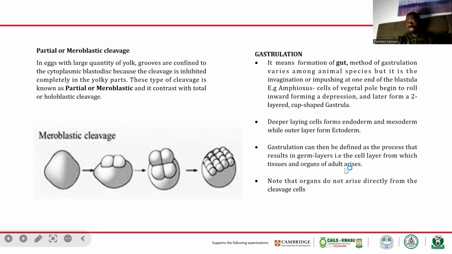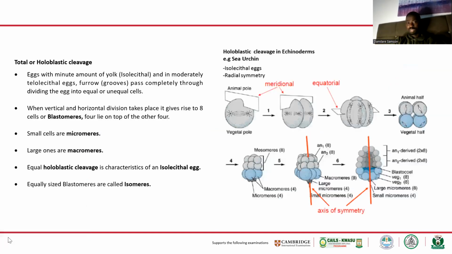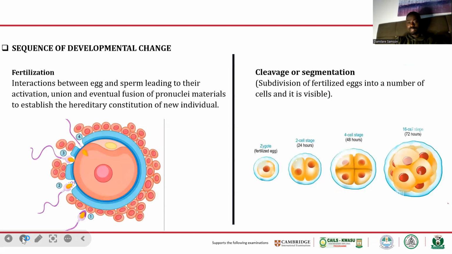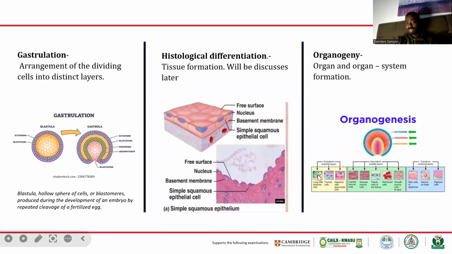If you remember the diagram I showed you from the beginning, let me quickly go back to the beginning so that you will appreciate this better. Now, if you remember this, I said organogenesis. Organs are formed from this ectoderm, mesoderm, and endoderm.